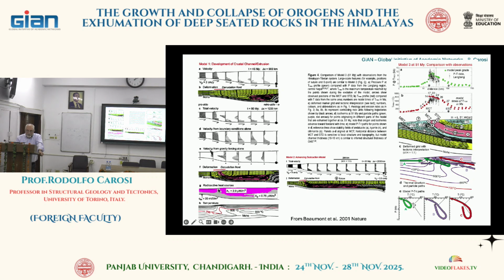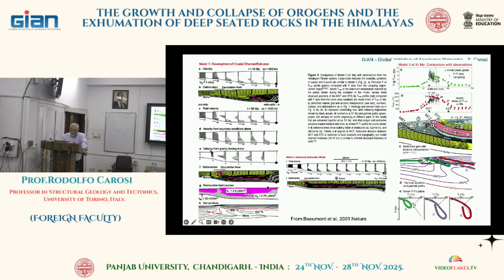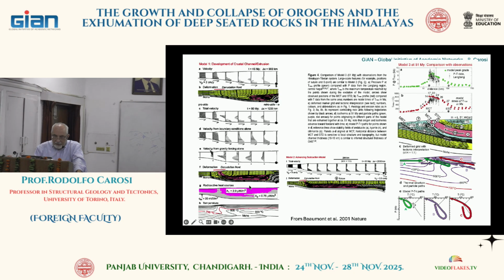That is a very important heat source, because to melt this crustal rock, you need not only to reach a depth of 20 or 30 kilometers, because that is not enough to melt the sediments so largely, but you need also an internal heat source for the Indian plate.